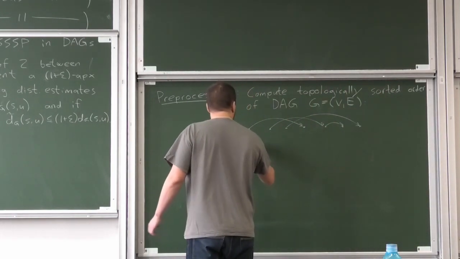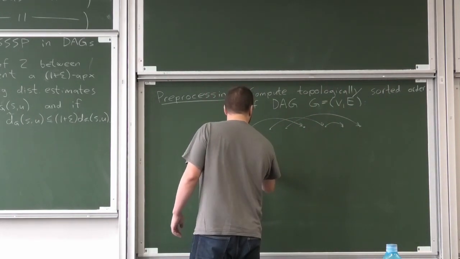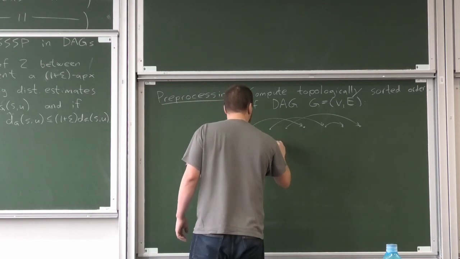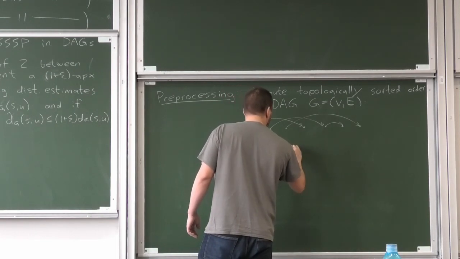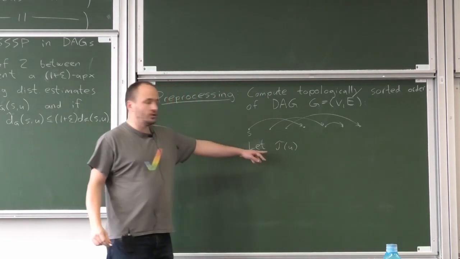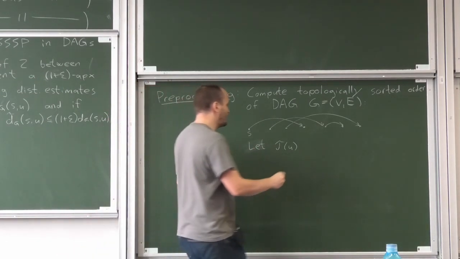So let's just define tau of U to be the topological order number, let's call it the rank of U in the topological order.